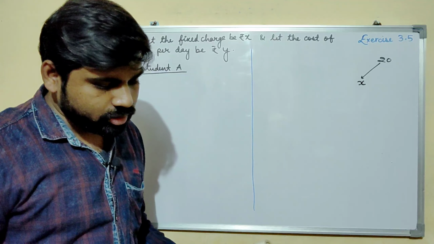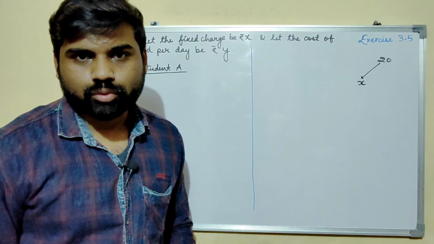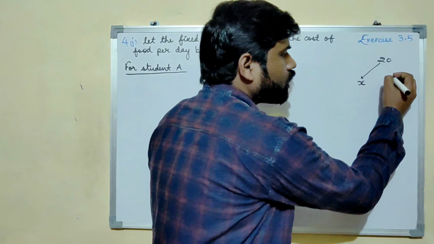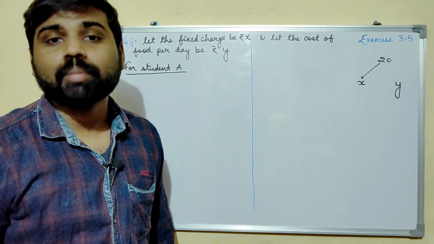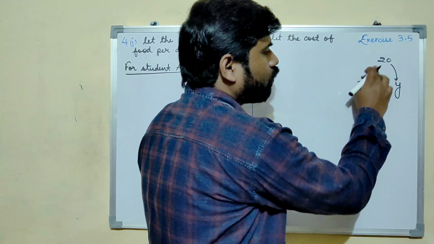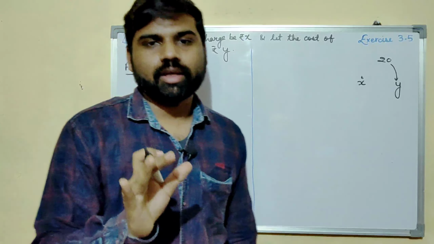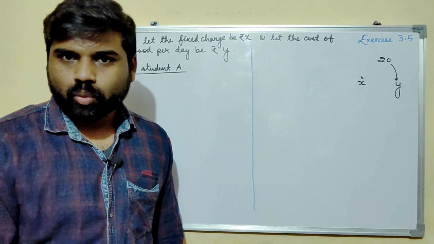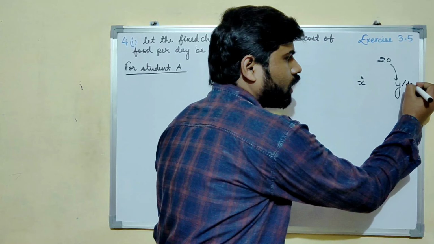A part of monthly hostel charges is fixed and the remaining depends upon the number of days one has taken the food. So x is the fixed charge, and y is the cost of food per day, right? So you have to multiply 20 with y. X is your fixed charge, that means you have to give x rupees, and then for 20 days you have to give y into 20, y rupees per day.